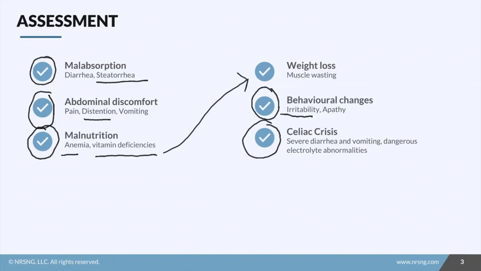It's often triggered by an infection or stress, and the child gets severe episodes of profuse watery diarrhea and vomiting. Because of this, the child ends up with severe electrolyte abnormalities, which can be life-threatening if left untreated.